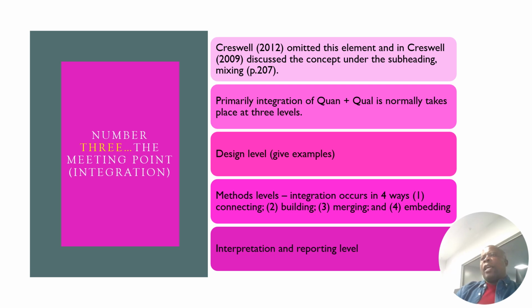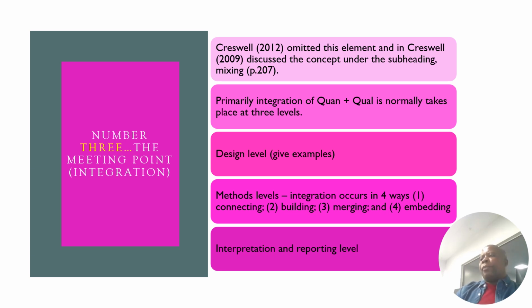In connecting, we are saying if you administer your questionnaire to a certain population, then in the process of administering your questionnaire, you identify, for example, key informants. And in the second qualitative phase, you use the same people that you administered your questionnaire to for interviews. Then it means you are connecting quantitative and qualitative.